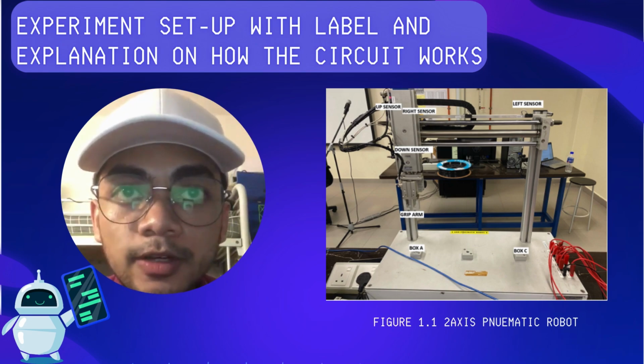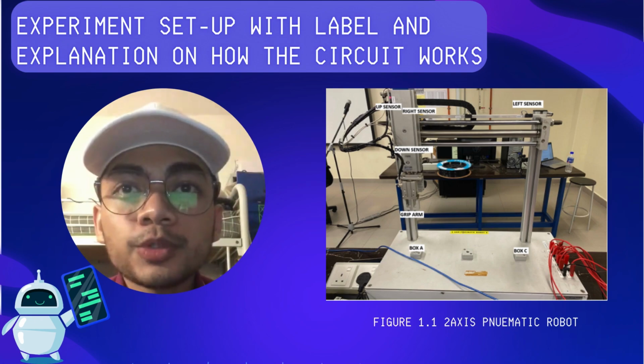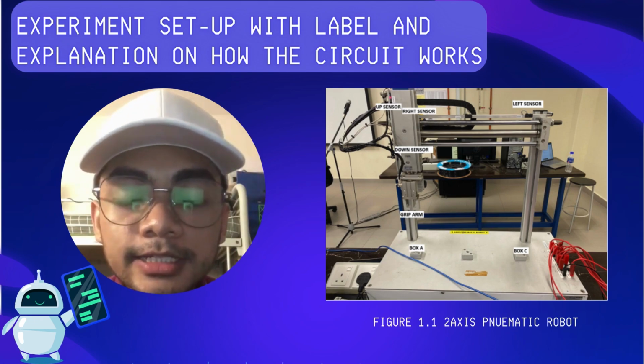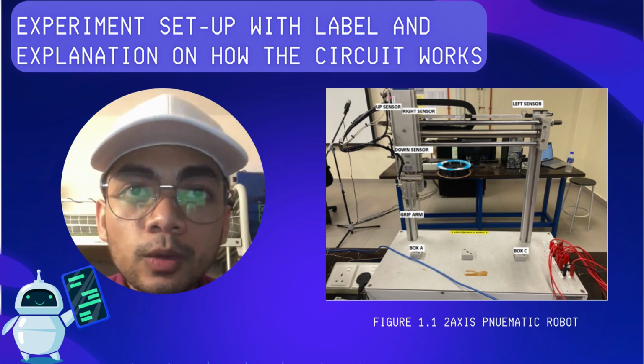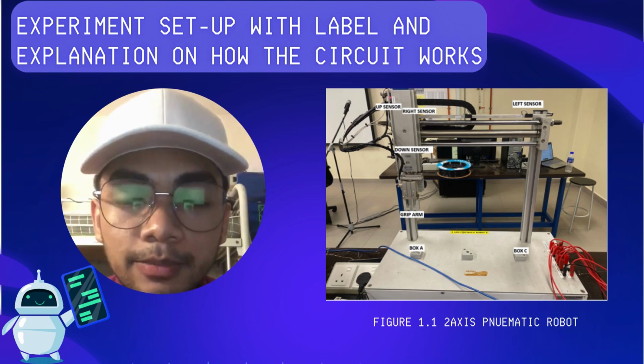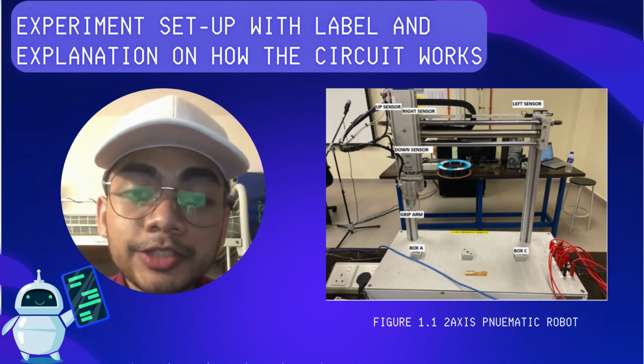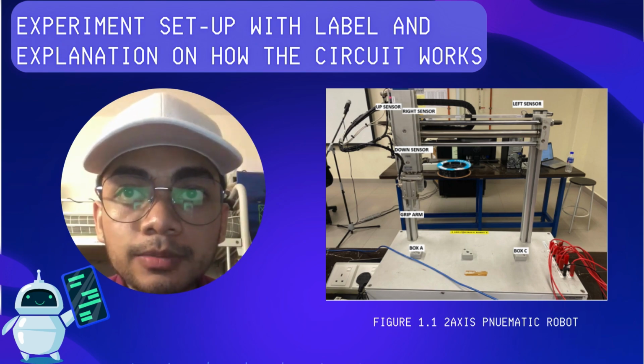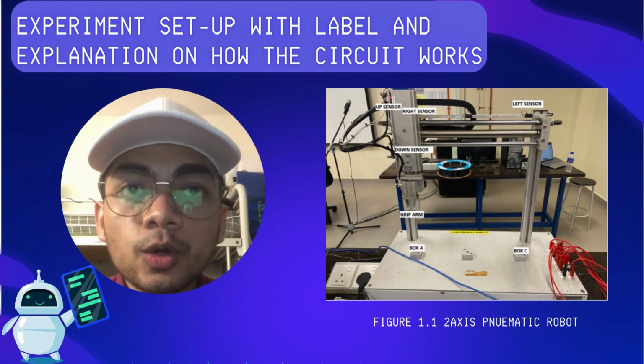Next is the process of the two-axis robot. When the push button is pressed and released, the down sensor goes down and the arm is at the ungrip state. After 3 seconds, the grip arm will grip the object from point A and the up sensor is energized to go up.